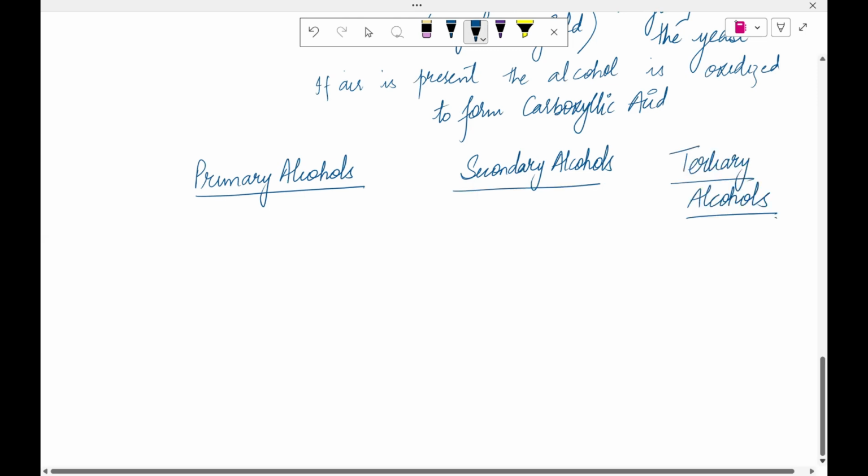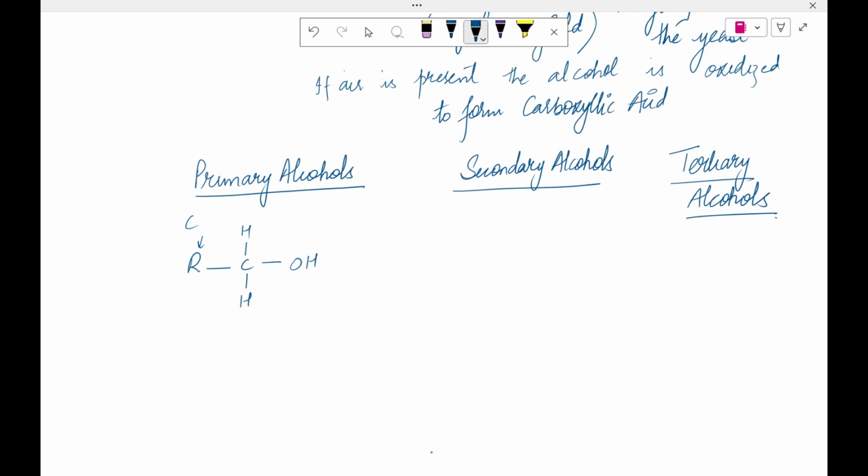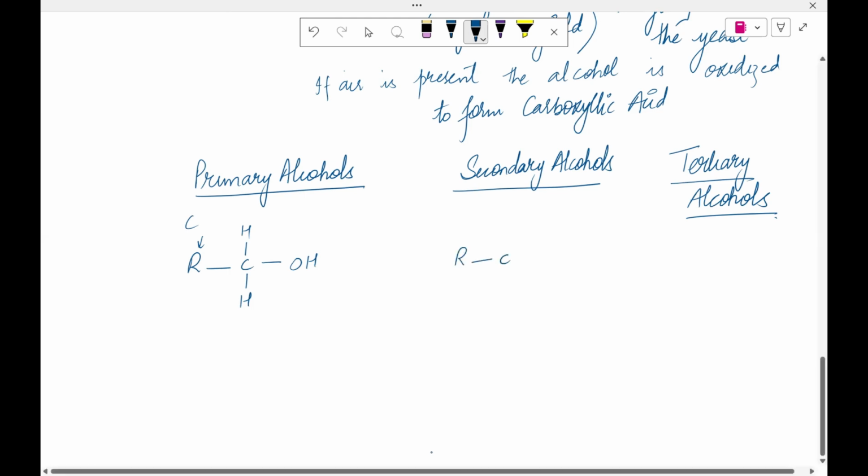So if we see primary alcohols, the primary alcohols are the ones in which two hydrogens are attached and only one carbon group is attached here. So this represents the carbon, or you can say the alkyl group is attached here. In secondary alcohol, there would be two alkyl groups attached with it and only one hydrogen with one functional group. Here, there would be three alkyl groups like this, and there would be one functional group.